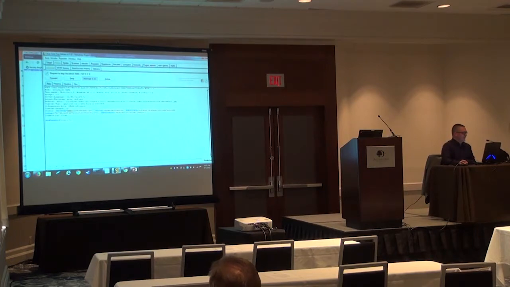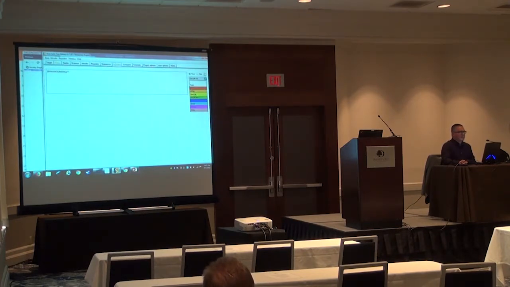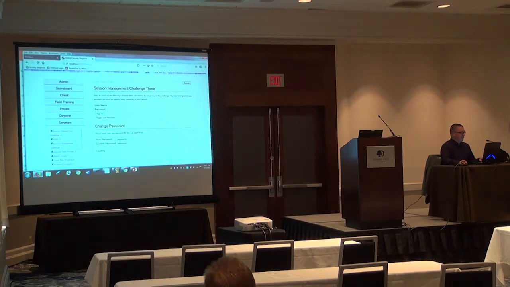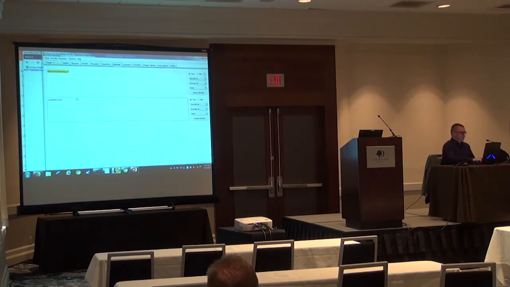So what if I grab that cookie, send to the decoder, decode that. Oh, there's that user again. So now, did they say administrator or admin? They said admin. Let's try that. So let's change ourselves to admin.